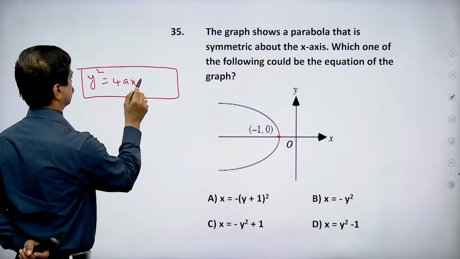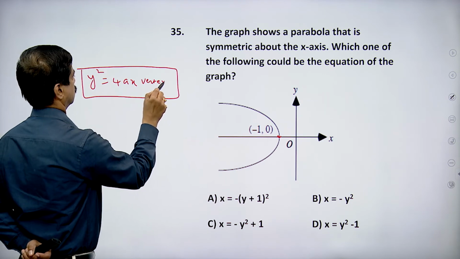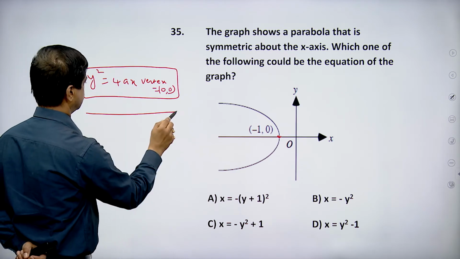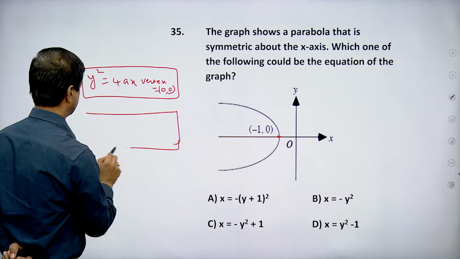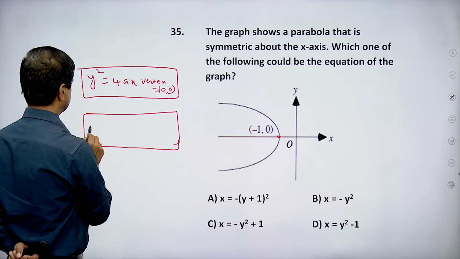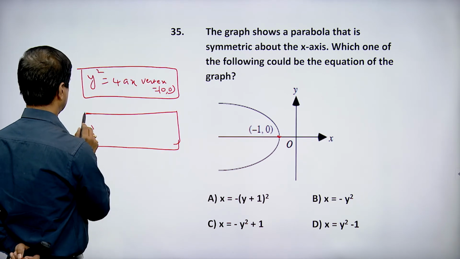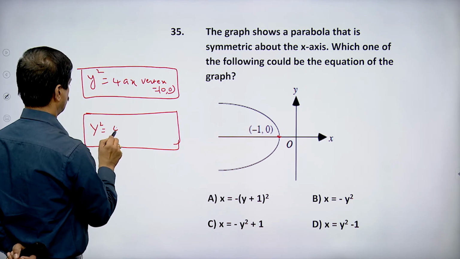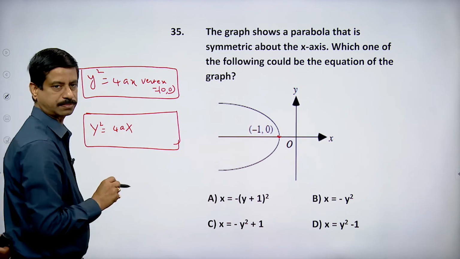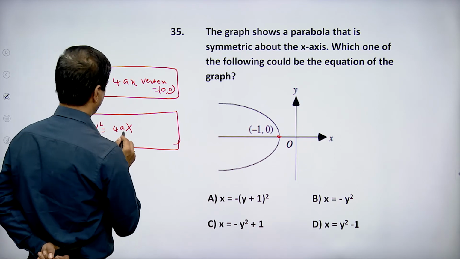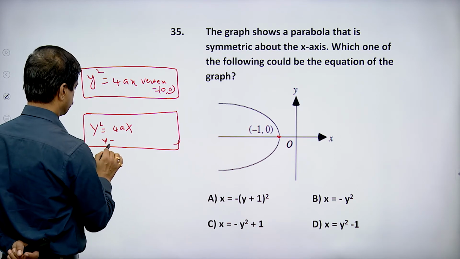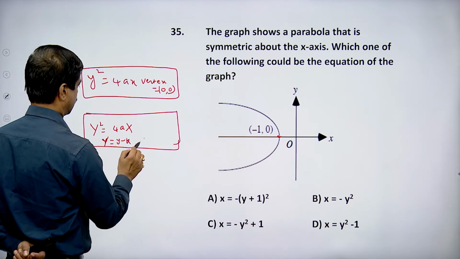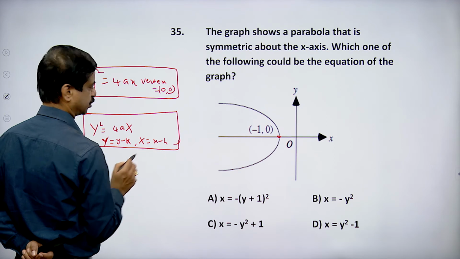When the vertex is not 0 comma 0, it will be like this: y square equal to 4ax becomes y minus k whole square equal to 4a times x minus h.